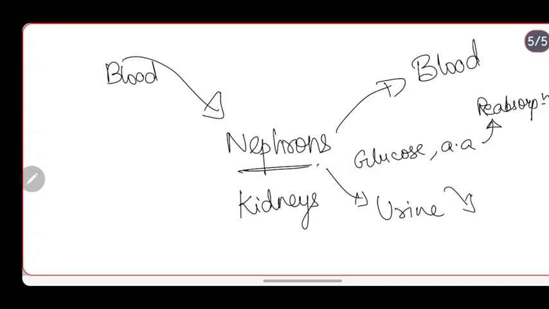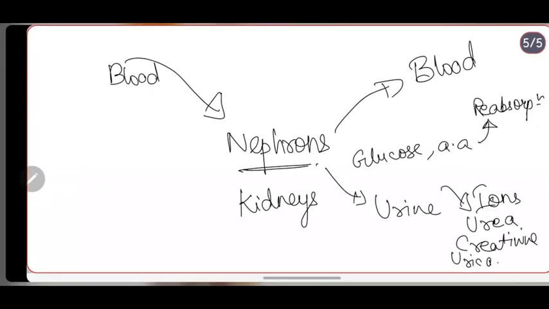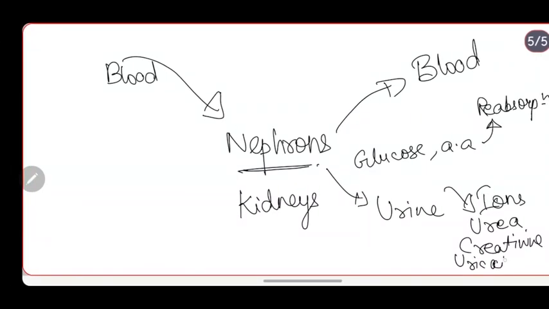The rest of the things, for example extra ions or water or urea or creatinine or uric acid, are the metabolic waste products, and these are secreted out in the urine. This is how removal of waste products, metabolic end products, happens in our body.